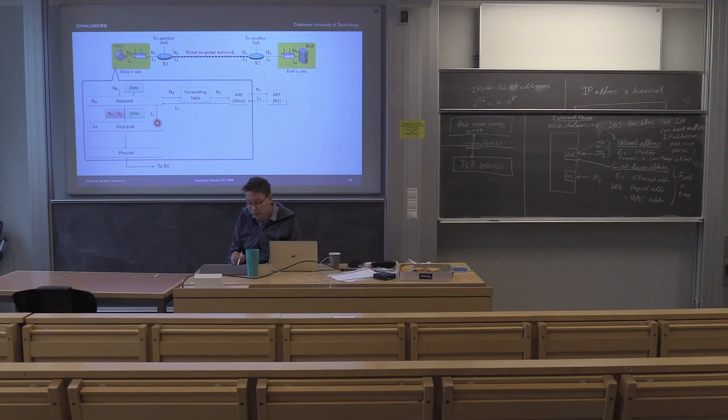So it gets the link layer address here, and the link layer then encapsulates this into a link layer packet, which is the service data unit it got from above, which is an IP packet, but then it attaches also its destination address and source address.